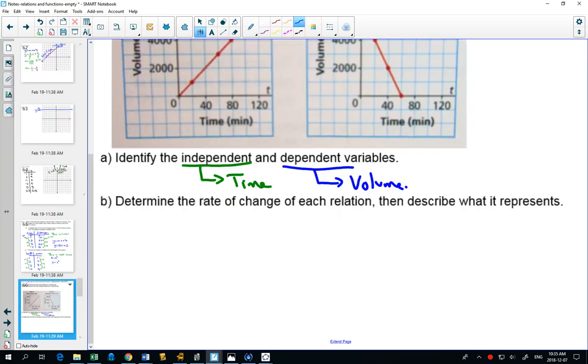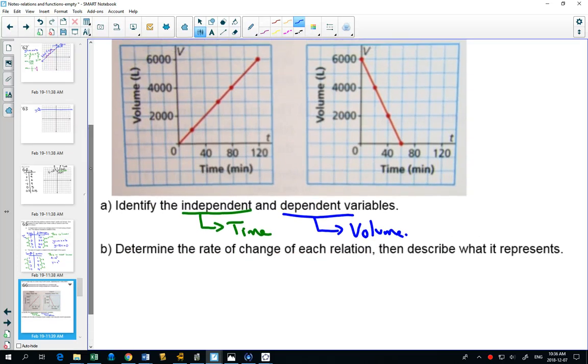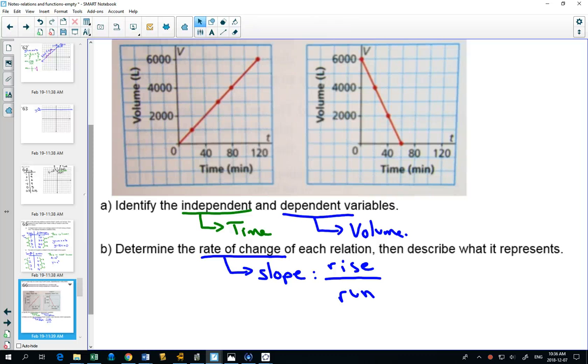Determine the rate of change of each relation, then describe what it represents. So the rate of change is another word for the slope. The slope formula is rise over run. What you can do is you can take any 2 points on your line and figure out what's the rise and what's the run.